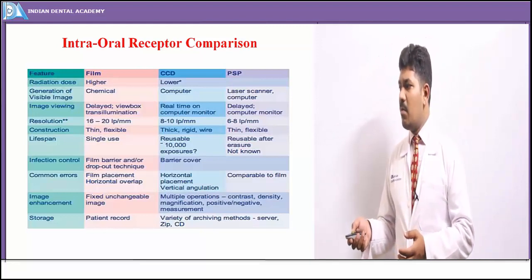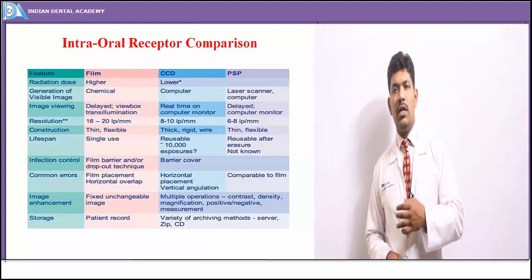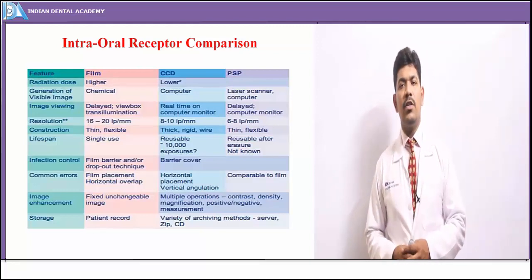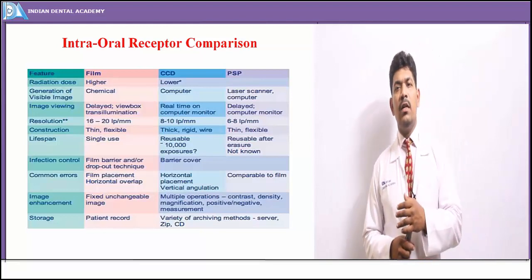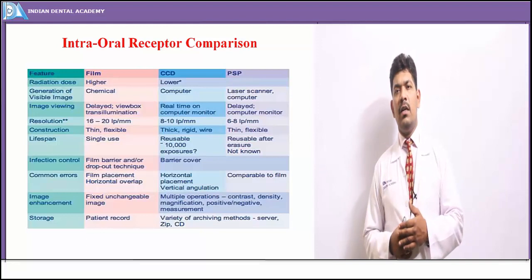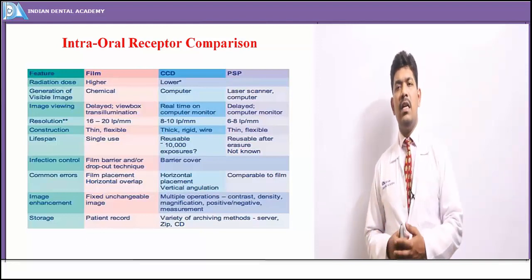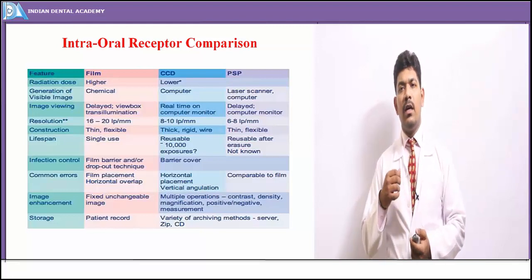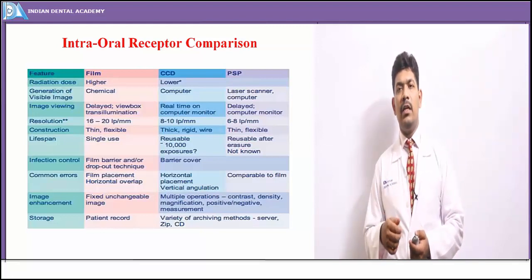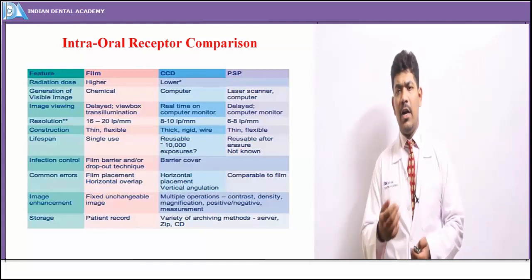Now another most important advantage is your image enhancement. Now with your traditional or conventional radiographs, we have no chance of modifying or manipulating the image, be it the brightness or the contrast or whatever kind of image characteristics we want to modify for better viewing. We cannot do that with traditional IOPA films.